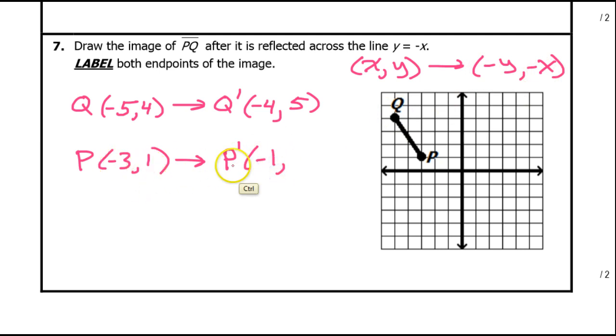The opposite of x is +3. So now we graph them. -4, 5 would be right here, and -1, 3 would be right here. All right, so that is going to be Q prime and P prime.